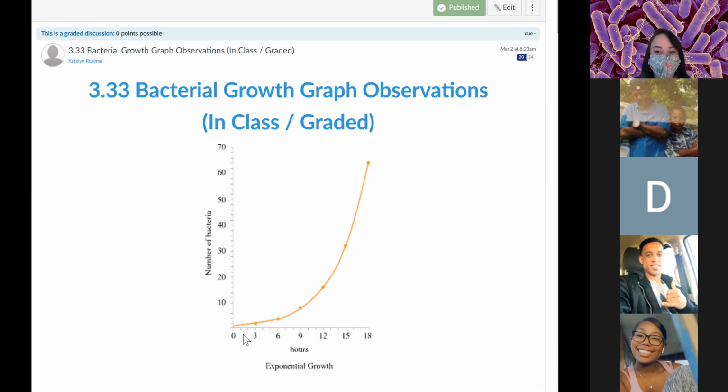What about overall in the graph? What else do we notice about how bacteria grow? Yep, it goes up. So does it go up in a straight line?